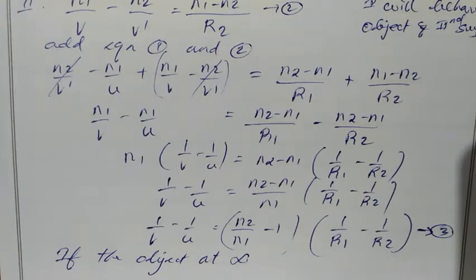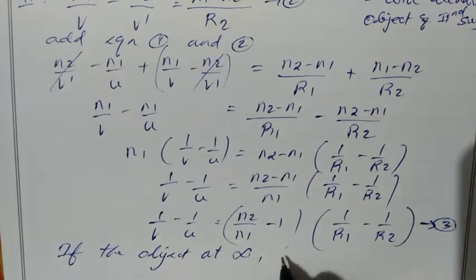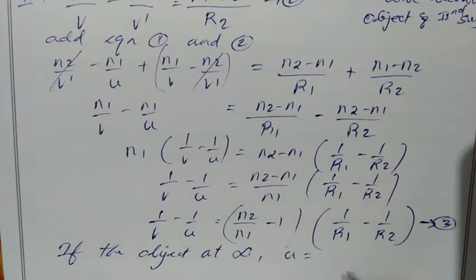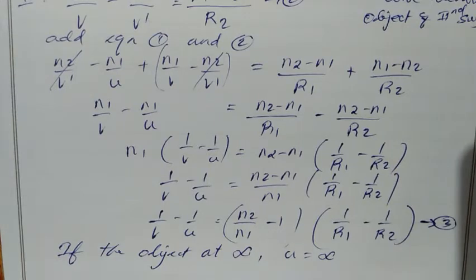So check the cases. In one of the cases, when the object is at infinity, the characteristics of the image are point sized, image is formed at focus. Correct? We checked with the ray diagrams. So if the object is at infinity, then what should be the object distance? Simple, object distance is infinity. Okay, what is the image distance?